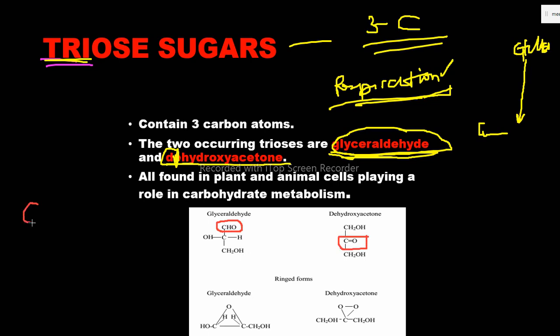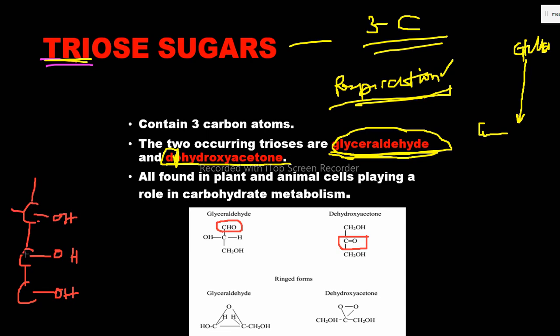So if I do this, this is my glycerol. We shall find it in fatty acids, and we shall find it in lipids. This is my glycerol, and the rest are hydrogens.